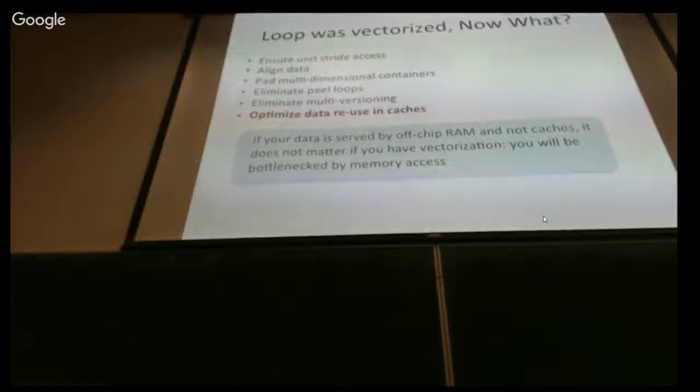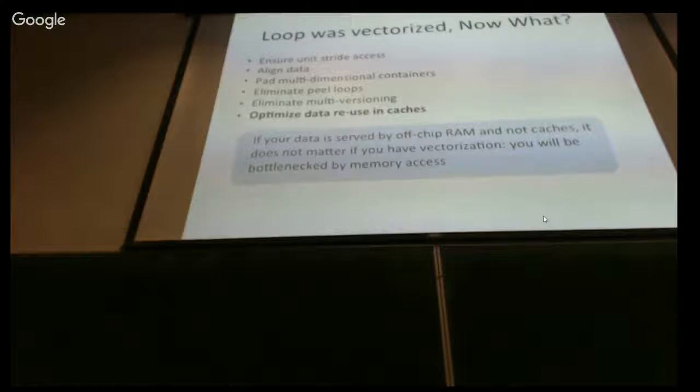You need to eliminate peel loops, which the compiler will implement to make sure that the data structures are properly aligned for what it eventually vectorizes. These are associated with loops that might not have trip counts that are multiples of 16, for example, if you're using single precision on KNL. You need to eliminate multi-versioning, which is the same as aliasing.